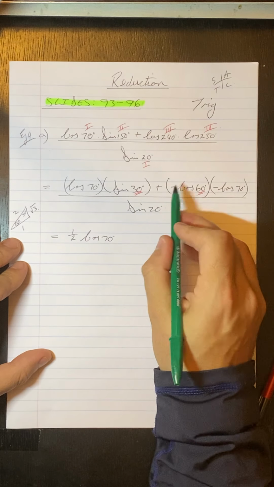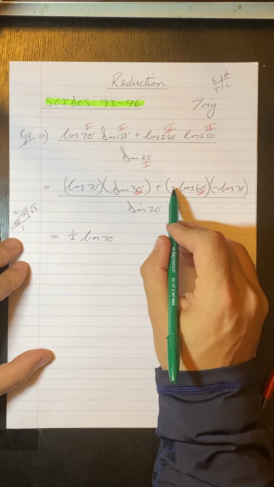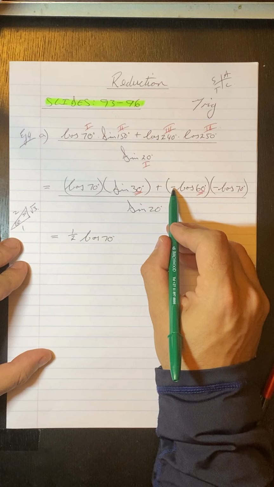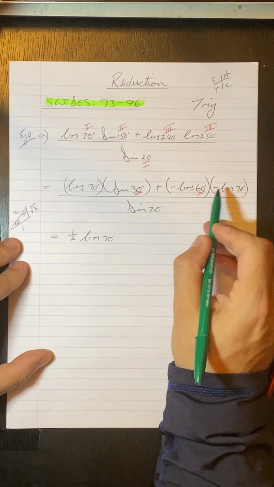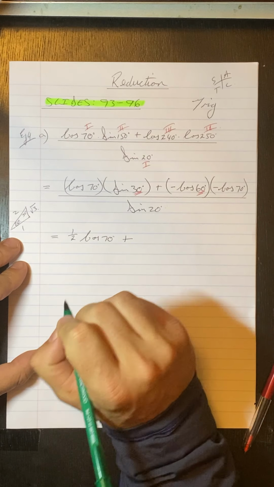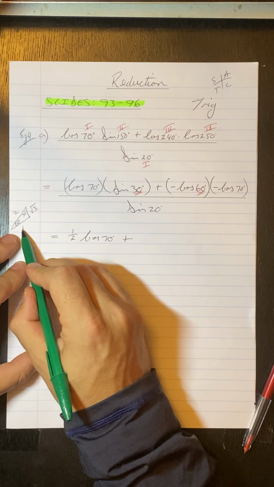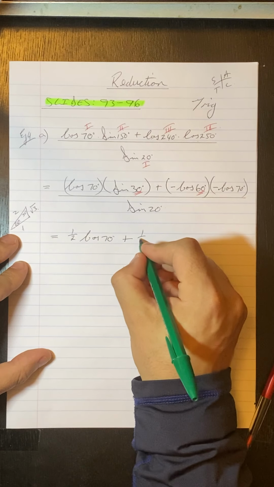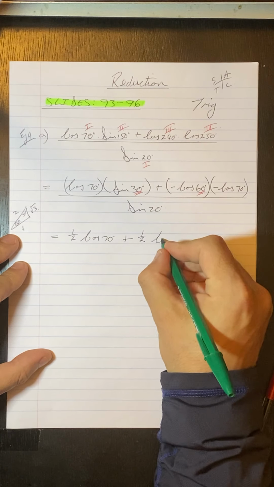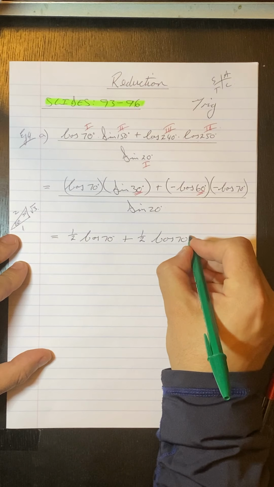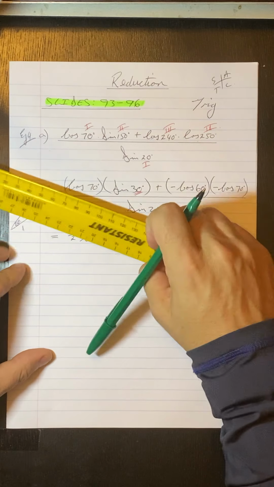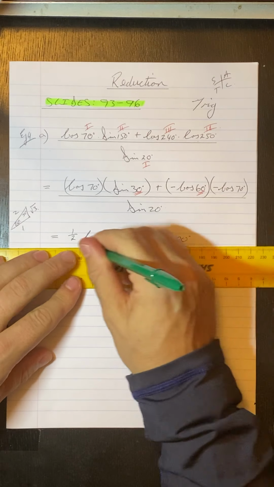Okay, so now what I'm going to do is I'm going to work up my signs here. Positive and a negative gives me a negative, times another negative gives me the positive. We have cos 60, so here's 60 degrees, which is adjacent over hypotenuse, which is a half. And we've got cos 70, all over sine 20.